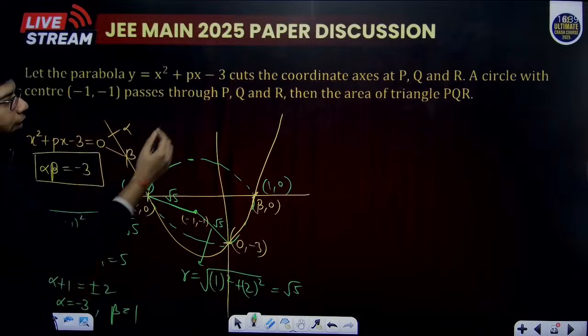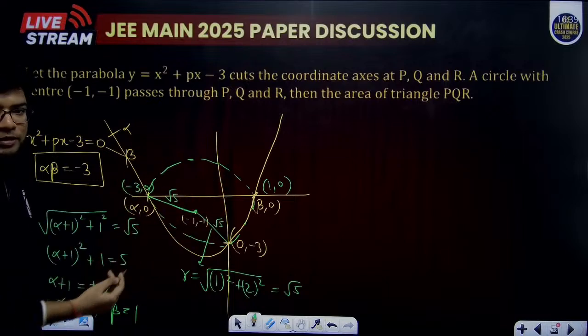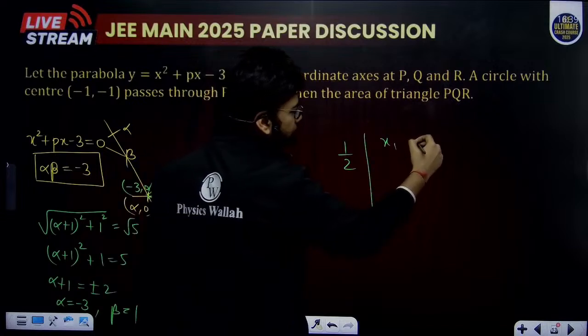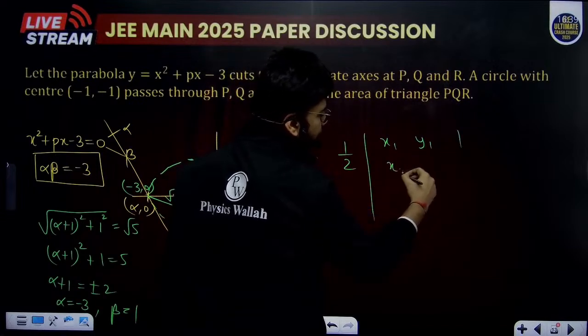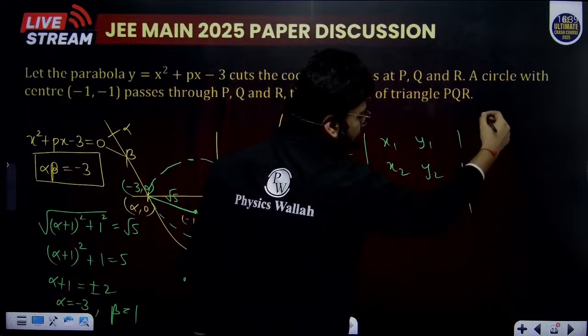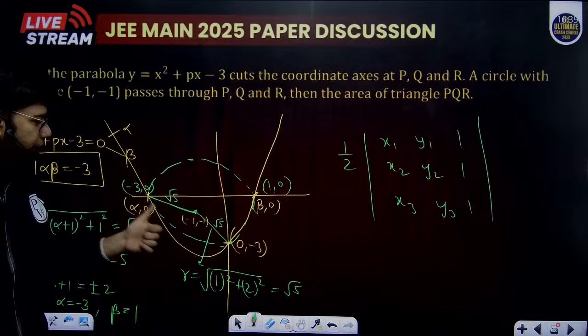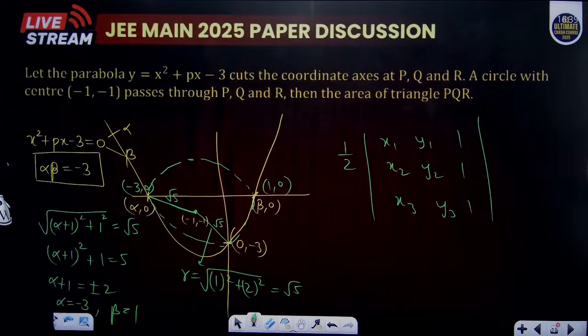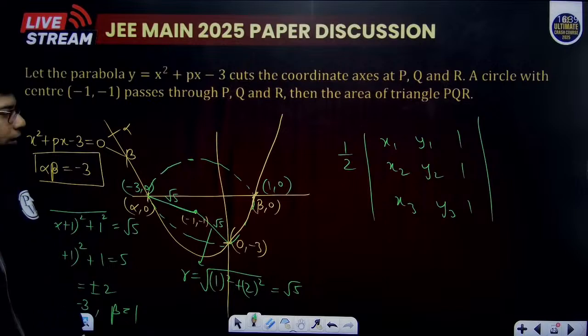You want to find the area of the triangle passing through these 3 points. You can simply use the formula: half of the determinant x1 y1 1, x2 y2 1, x3 y3 1, and you know the x and y coordinates of all these 3 points. You can find the area.